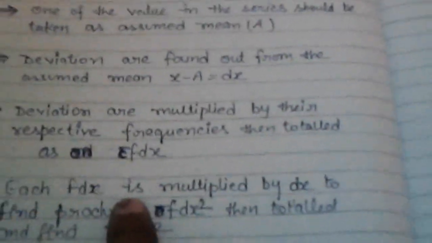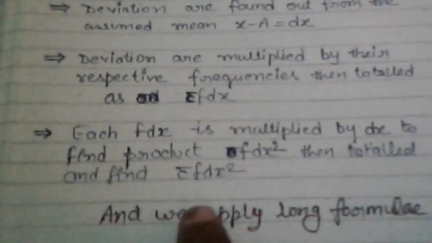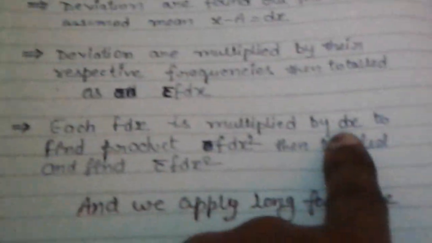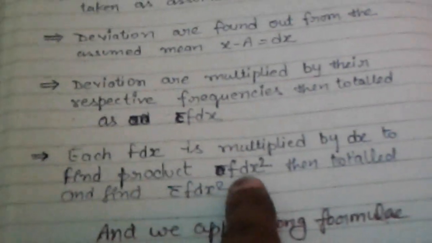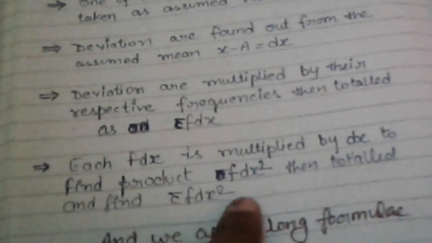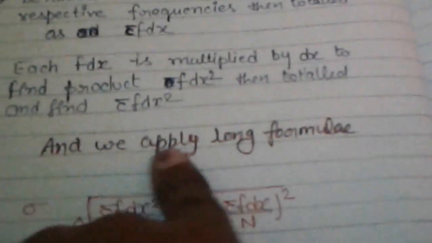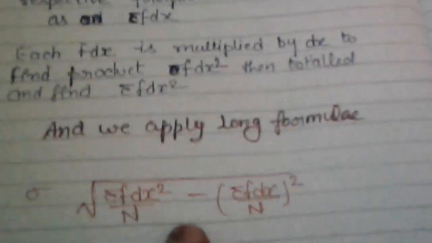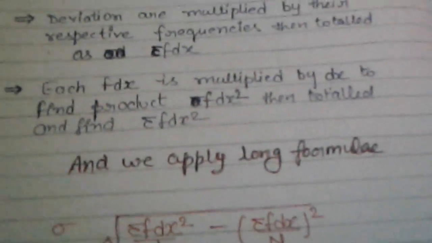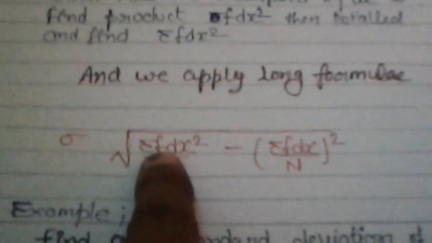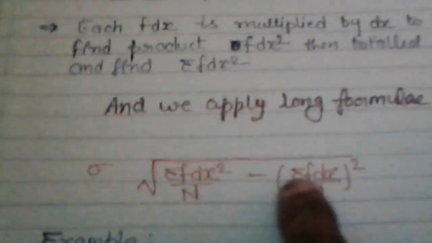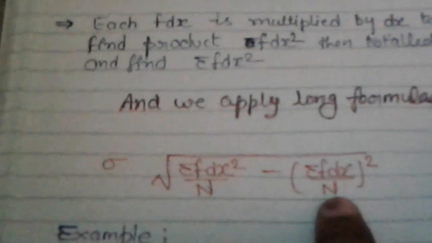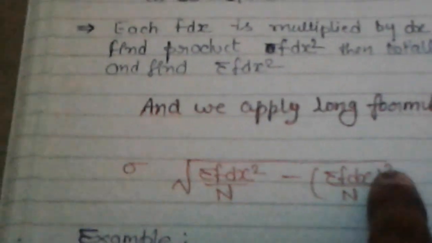Each fdx is multiplied by dx to find the product fdx squared, then totaled to find sigma fdx squared. We apply the long formula: square root of sigma fdx squared divided by capital N, minus sigma fdx divided by capital N, whole squared.